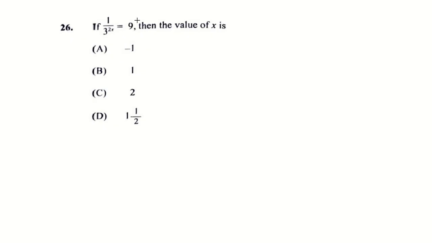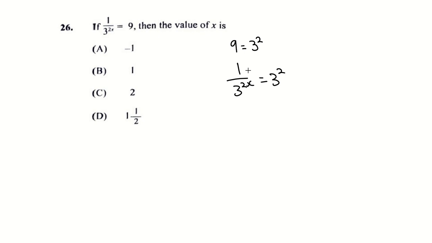Number 26. They said if 1 over 3 to the power of 2x is equal to 9, then what is x? So we know that 9 is equal to 3 to the power of 2. And this would have been 1 over 3 to the power of 2x is equal to 3 to the power of 2.